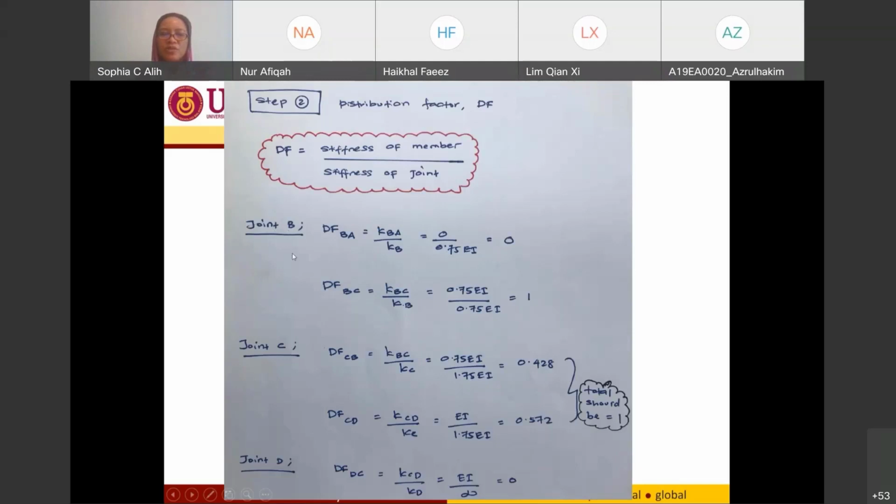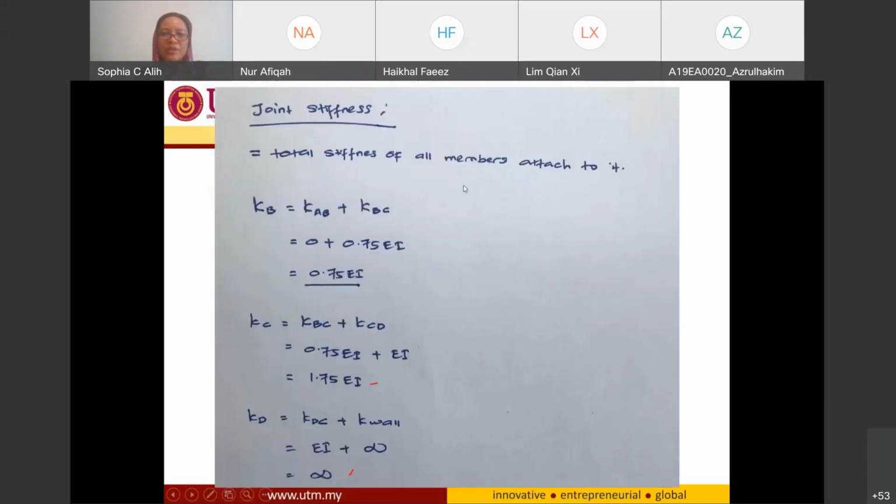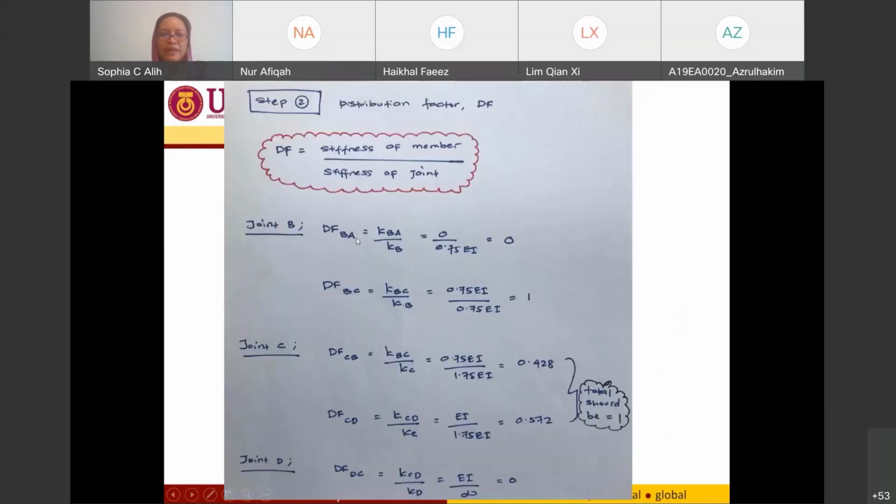Now what I'm going to do is look into it joint by joint, because for each joint I need to see the distribution factor of all members attached to it. So if I have joint B and I have member AB and member BC attached to it, I need to calculate distribution factor for BA and BC.